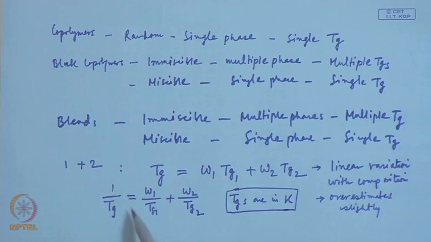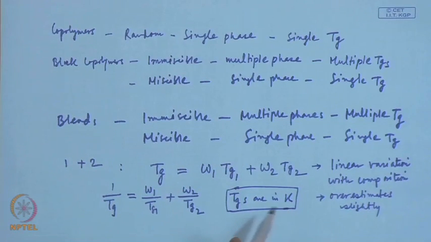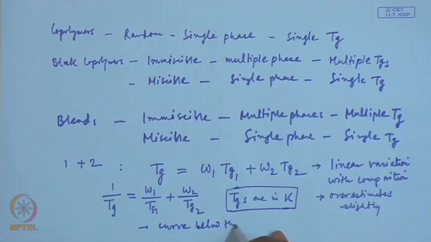Now, in this case, obviously this equation predicts a curve below the straight line with composition.